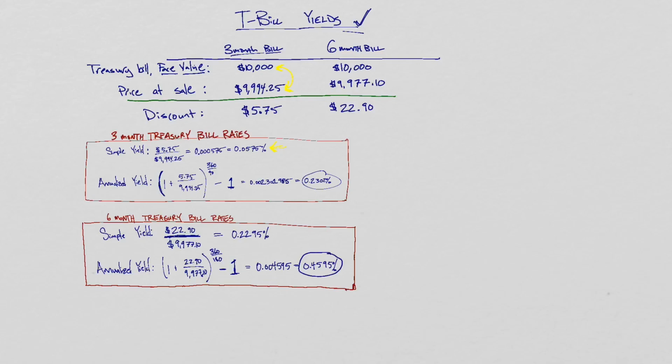This simple yield is the interest that we actually get for 3 months for this 3-month treasury bill. If we want to annualize it, we do this here and then we get this number. But that's when we're looking at treasury bill yields. I just wanted to make the distinction.